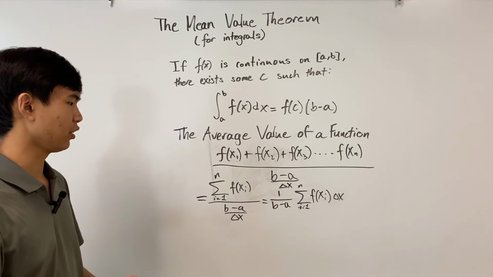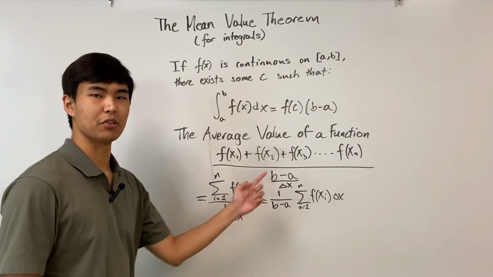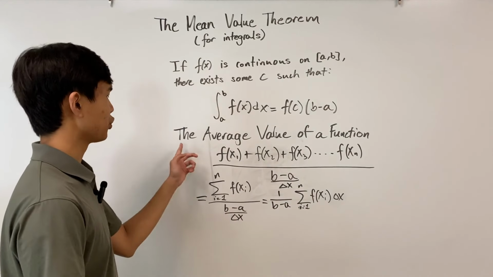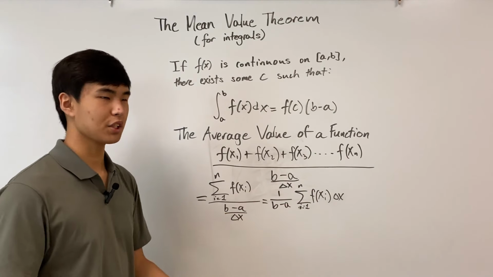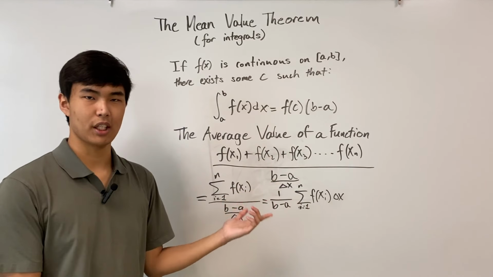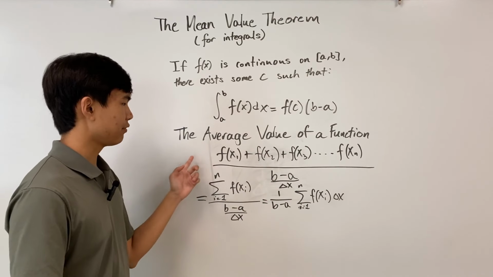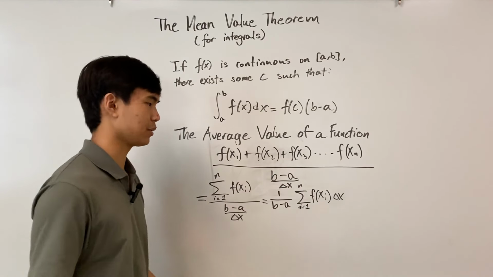Think back to the first video. What's the definition of an integral? It's this, but with the limit to infinity. We're trying to find the average value of a function, and for that to be as accurate as possible, we need to sum an effectively infinite amount of terms, and for this denominator to be as accurate as possible.